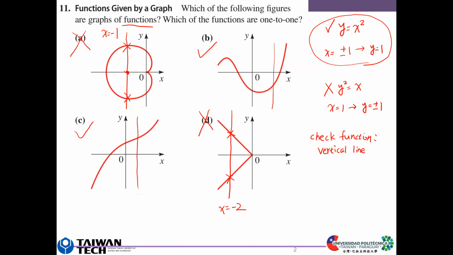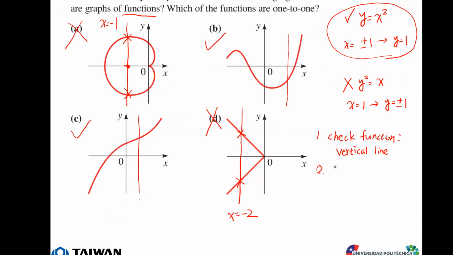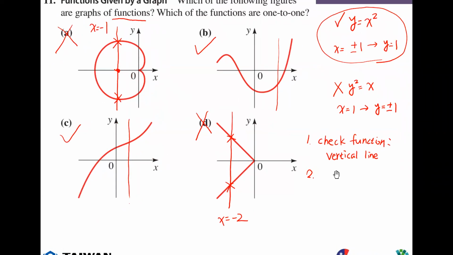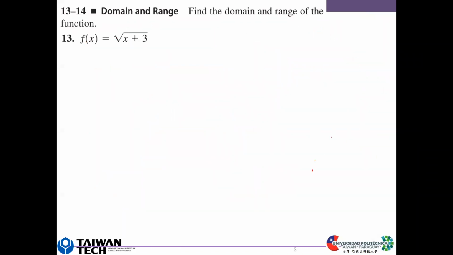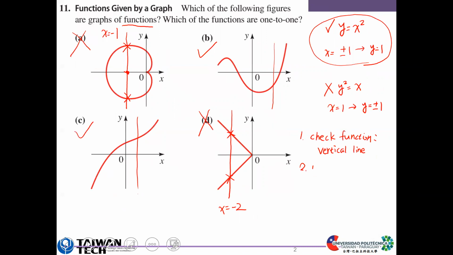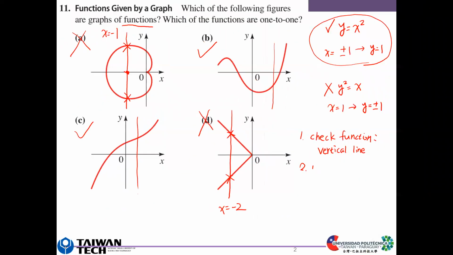And if you want to check if they are one-to-one, we use the horizontal line. It's a little bit weird today, so please forgive me.